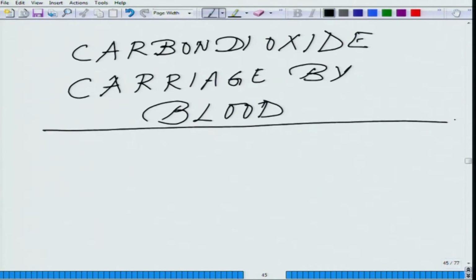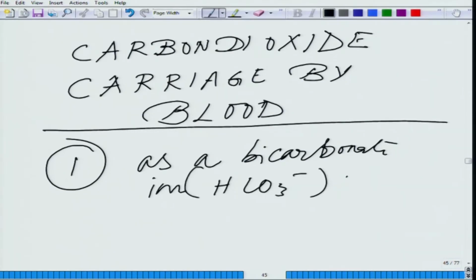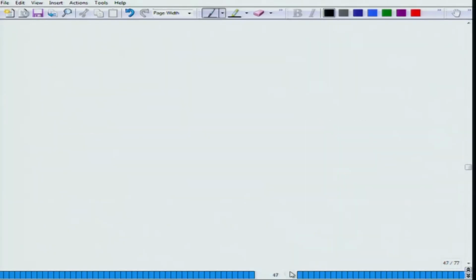And this is very readily soluble in the blood, as I have told you. I will discuss all of them separately. First, as a bicarbonate ion, which is HCO3 minus in plasma. This is one route, route 1.